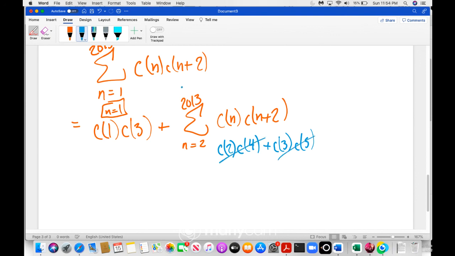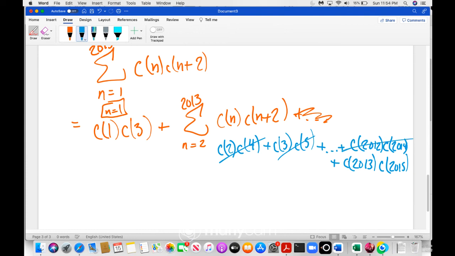And in fact, they're going to cancel all the way to 2013 because this is going to be plus dot dot dot plus C of 2012 times C of 2014 plus C of 2013, which is our last term, times C of 2015.